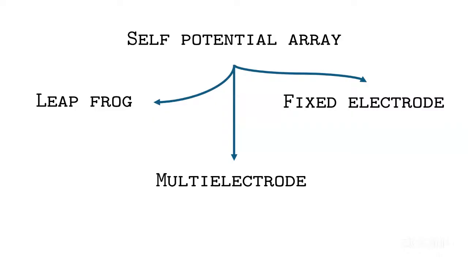The advantage of the leapfrog is the small amount of cable to be used, which allows us to better control its care. However, it is the one that accumulates more errors. The fixed electrode is the one in which the cable is most exposed to external factors.